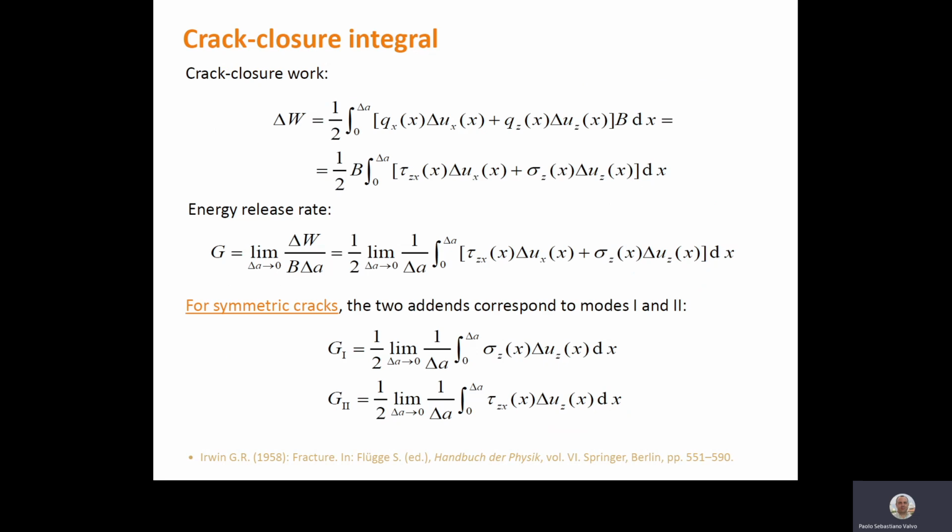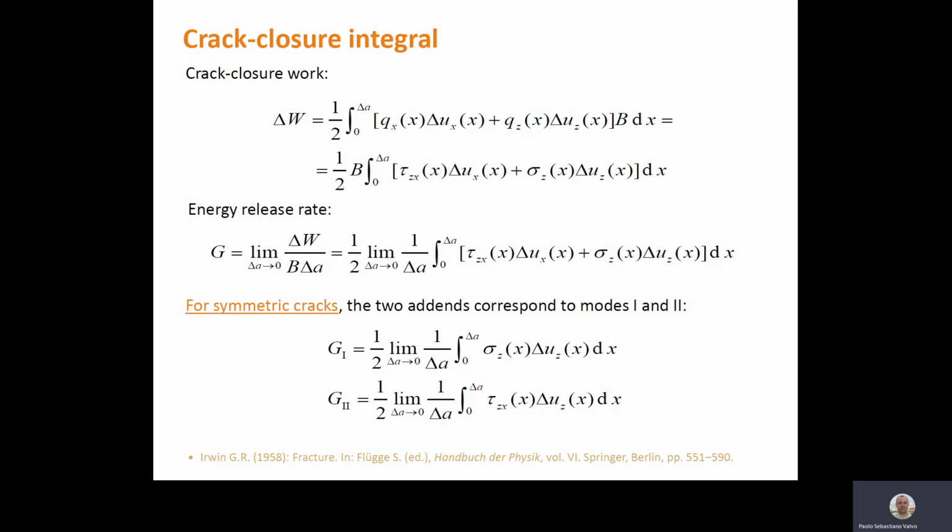We can calculate the work done by the crack closure forces, and if we take the limit of the ratio of this work delta W over the new area of crack created, B delta A, for delta A that approaches 0, we have an expression for the energy release rate.